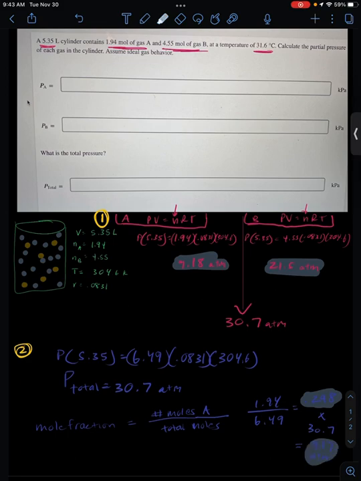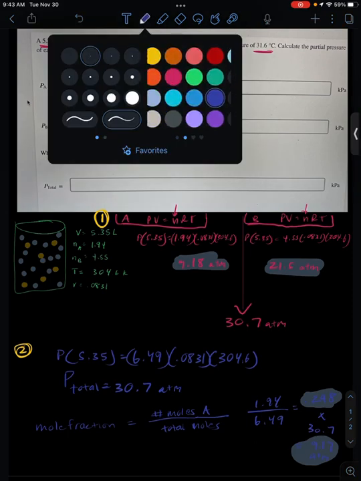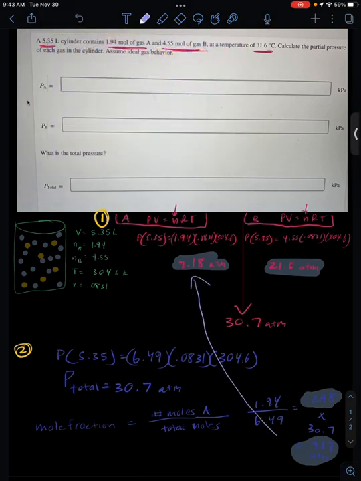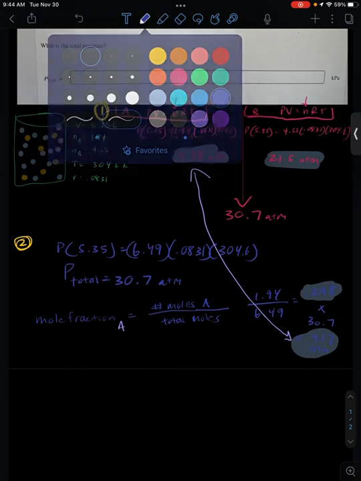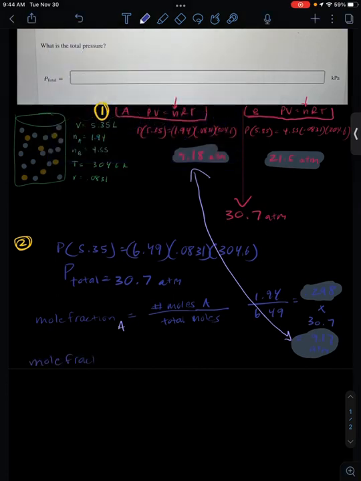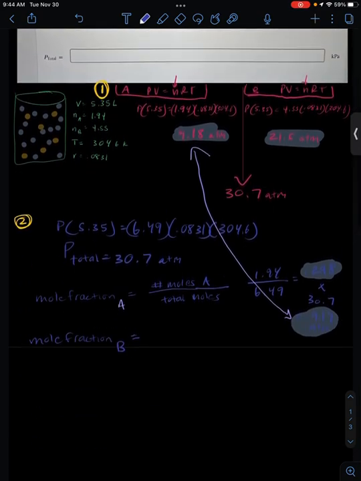So we look back and we compare, these two correspond with each other. And we got the same thing. Now for the mole fraction, that was A. So for the mole fraction of B, the number of moles that we had was 4.55 divided by 6.49, which equals about 0.7.